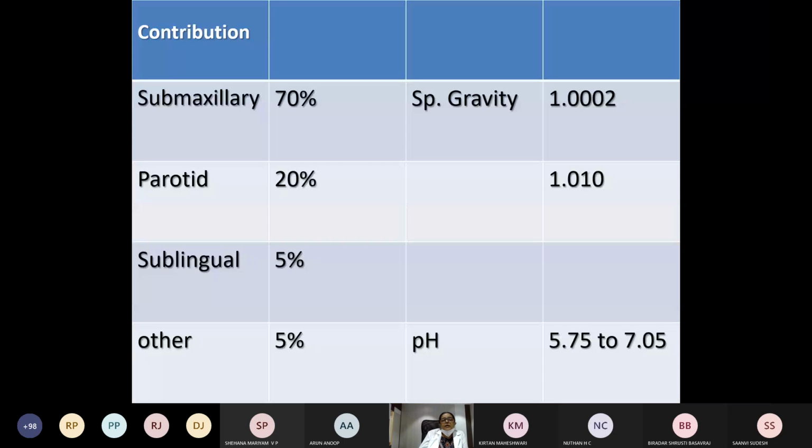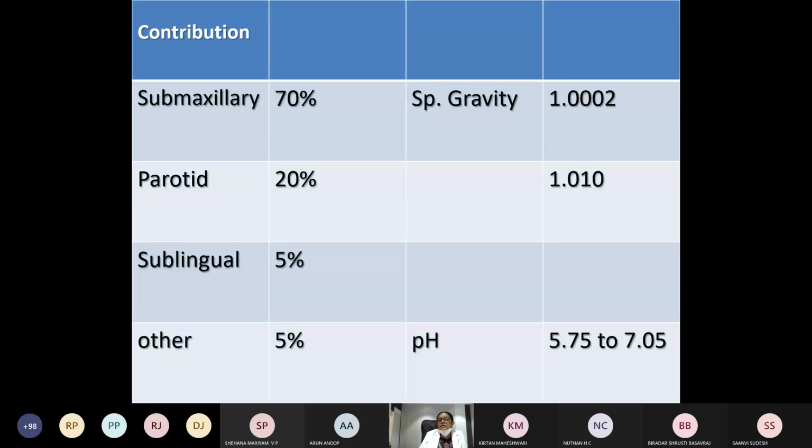Contribution: submaxillary 70%, specific gravity 1.003; parotid 20%, 1.010; sublingual 5%; others 5%.